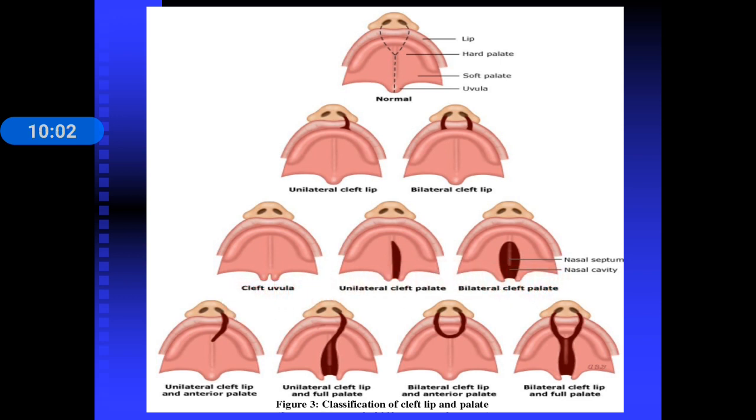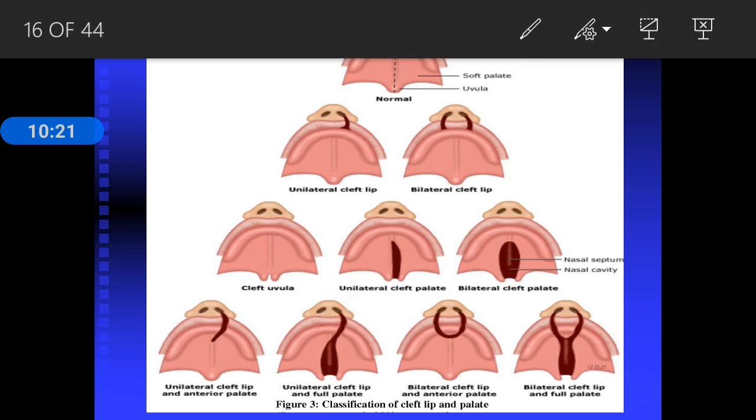Now here onwards, you can see a cleft involving the lip, extending to the nasal floor, cleft of the alveolus, and the anterior palate or primary palate, anterior to the incisive foramen. Now this is a complete unilateral cleft of the lip, alveolus, anterior palate, and the full palate.